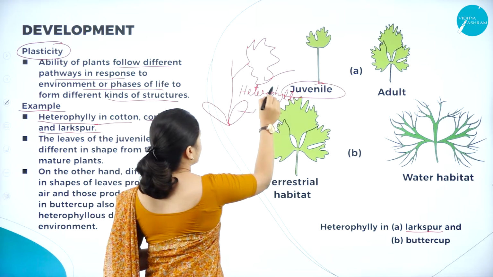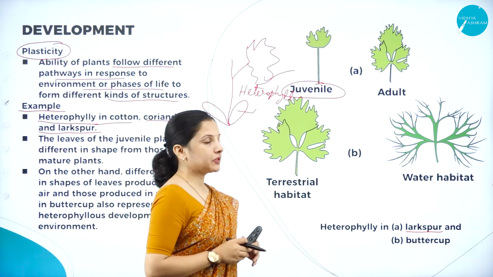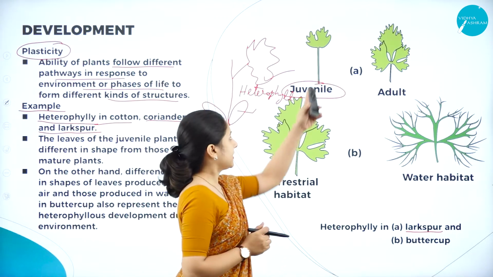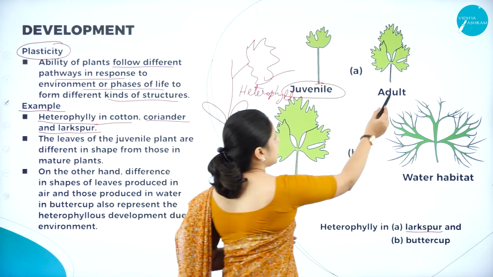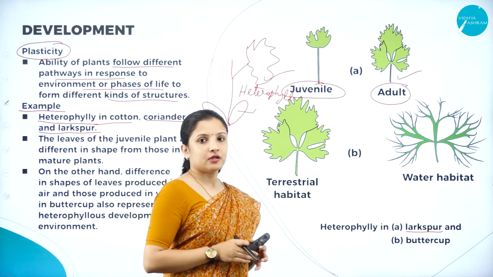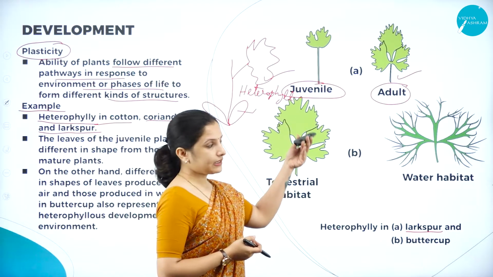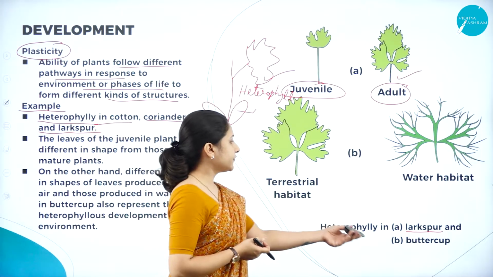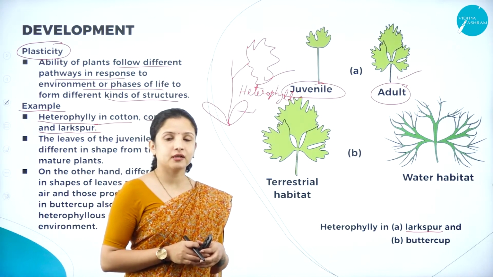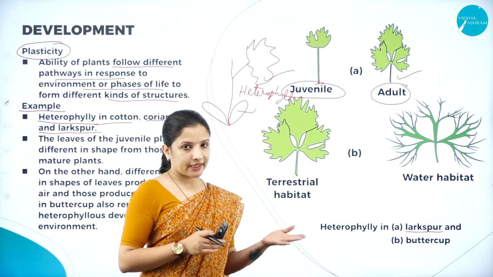Heterophylly, or heterophily. Here, if you observe the plant larkspur, the young leaves look somewhat like this, whereas the adult leaves look completely different from the young leaf. If you observe the margins of the leaf, it is completely different. And likewise, if you look at buttercup, based on the habitat in which it is growing, it will exhibit heterophily.